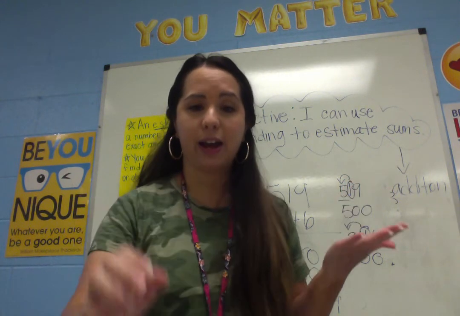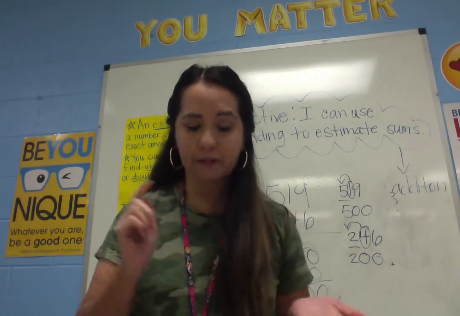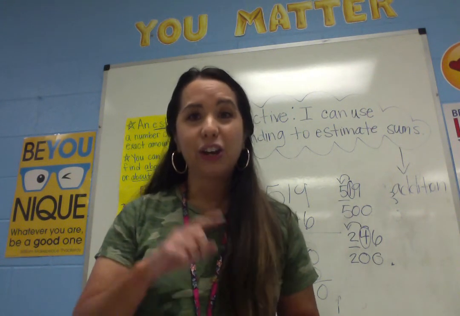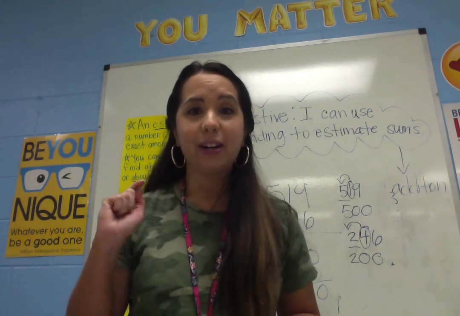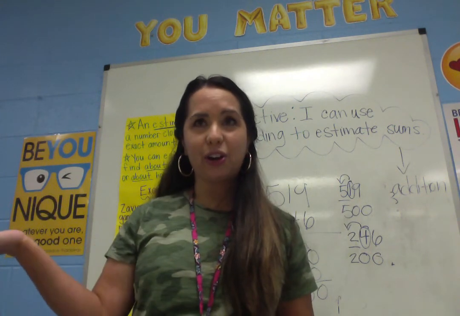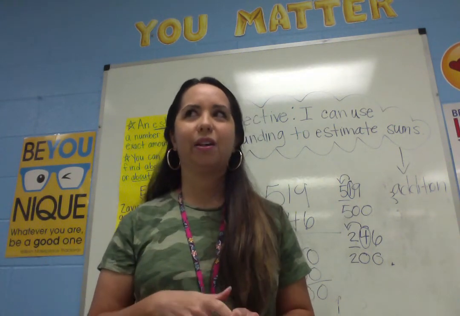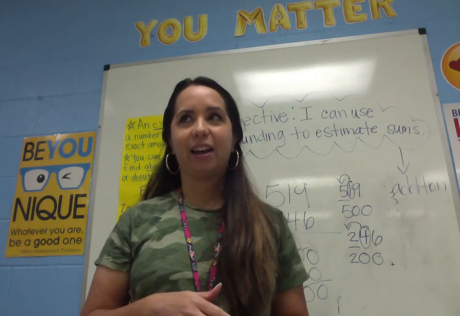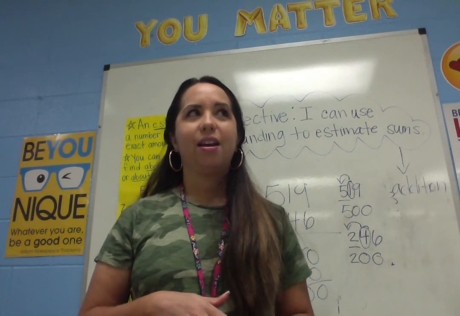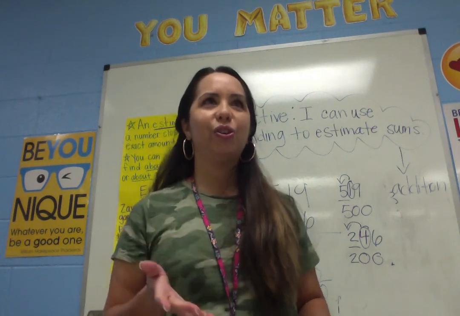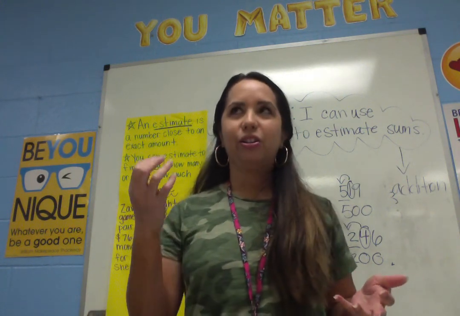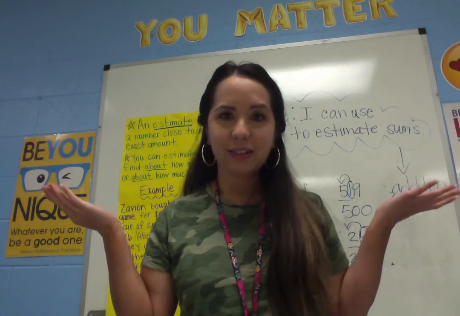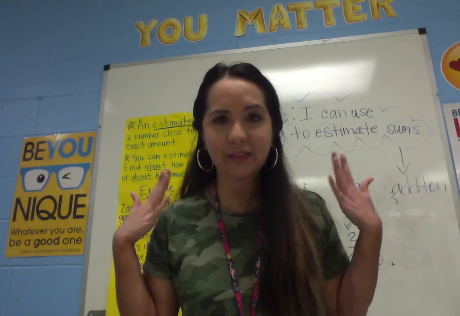Well, if you have $8 and each bag of candy is $1.79, you can round $1.79 up to $2. So then in your head you can be like, okay, let's see how many bags of candy I can get. I have $8 and a bag of candy is about $2. So we can skip count: 2, 4, 6, 8. You can buy 4 bags of candy.